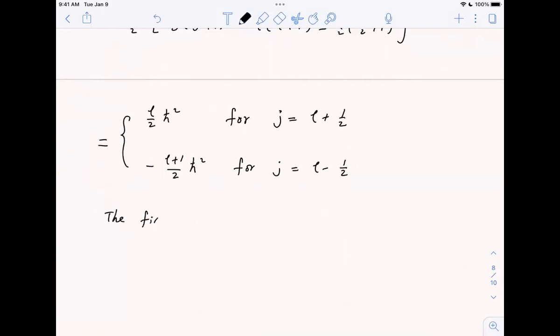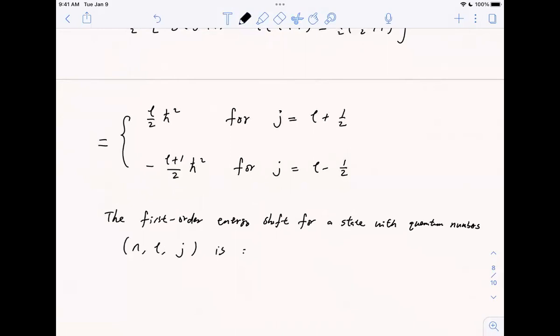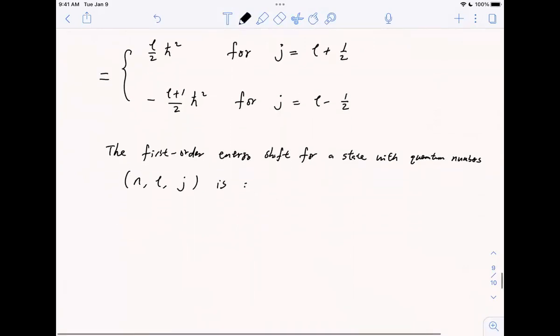Then the first order energy shift for states with quantum numbers N, L, J is this.